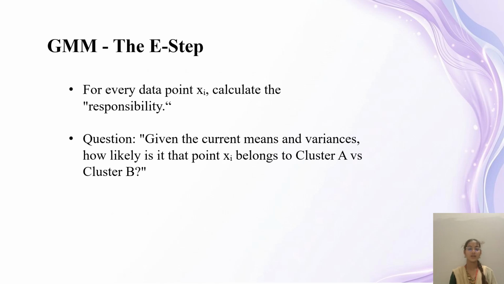Now for Gaussian models, the first step is E step. For every data point xi, calculate the responsibility. The question is, given the current means and variance, how likely is it that point xi belongs to cluster A versus cluster B?